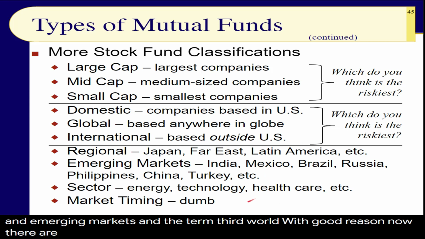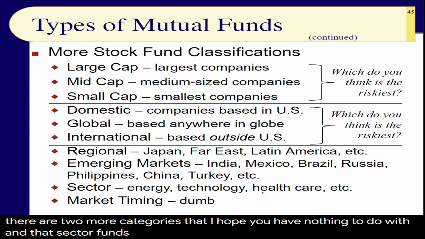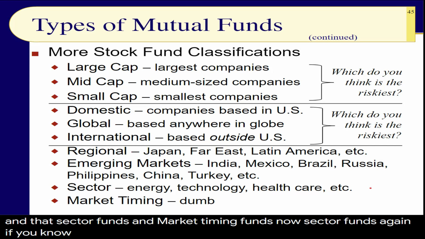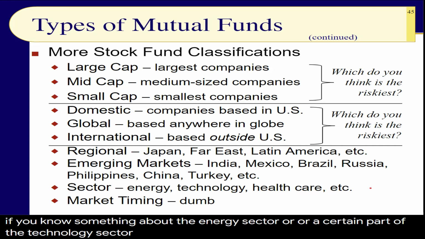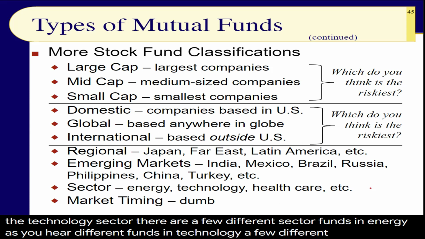Now there are two more categories that I hope you have nothing to do with, and that's sector funds and market timing funds. Now, sector funds, again, if you know something about the energy sector or a certain part of the technology sector, there are a few different sector funds in energy, technology, and healthcare.